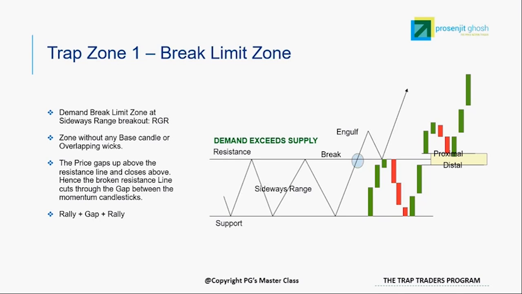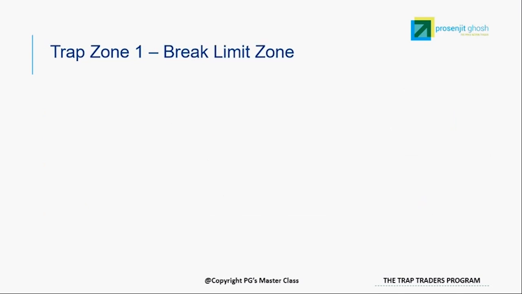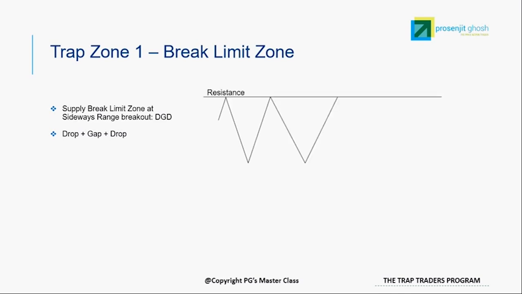Anyway, so this is rally, gap, rally. Same way, supply break limit zone with drop, gap, drop. So what happens here? There is a sideways movement. Price is moving sideways in between resistance and support, and then the breakdown happens.